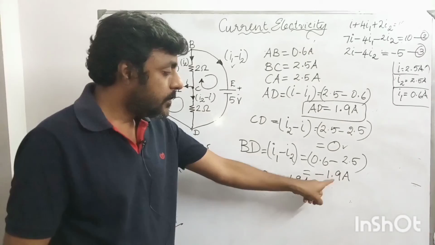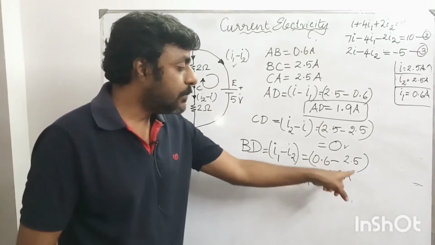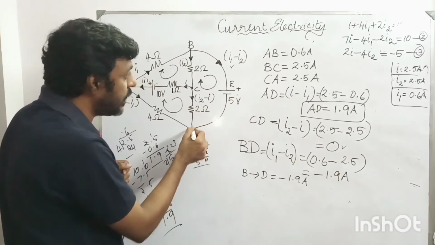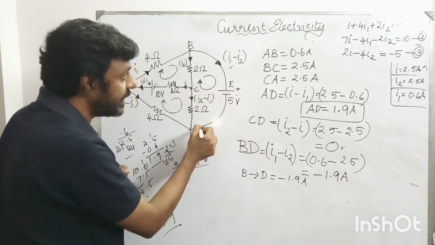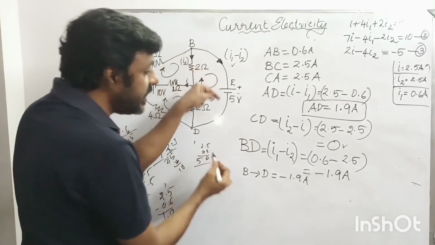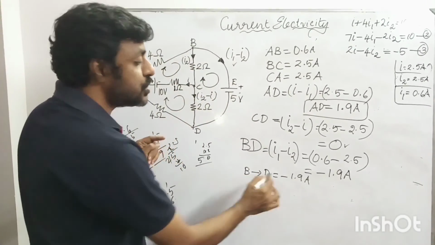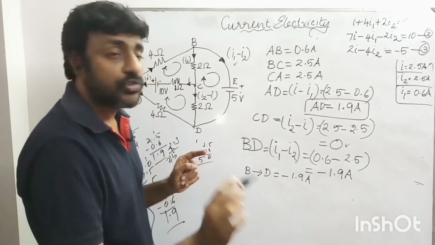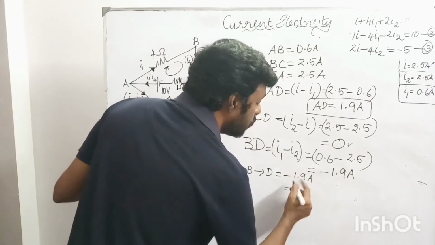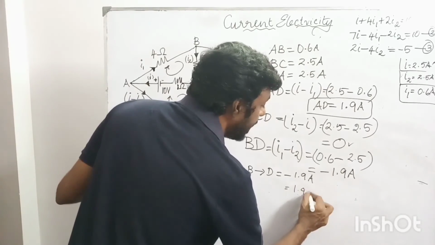But why in this problem are we getting minus 1.9? We assigned the direction of current from B to D, but instead of minus 1.9, we need to get 1.9 amperes.